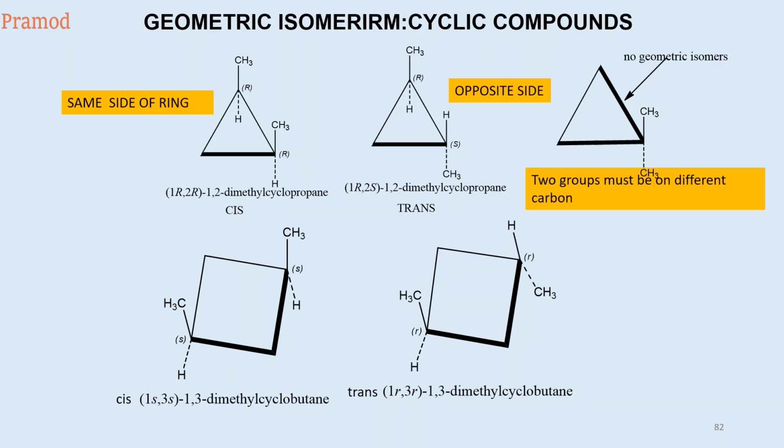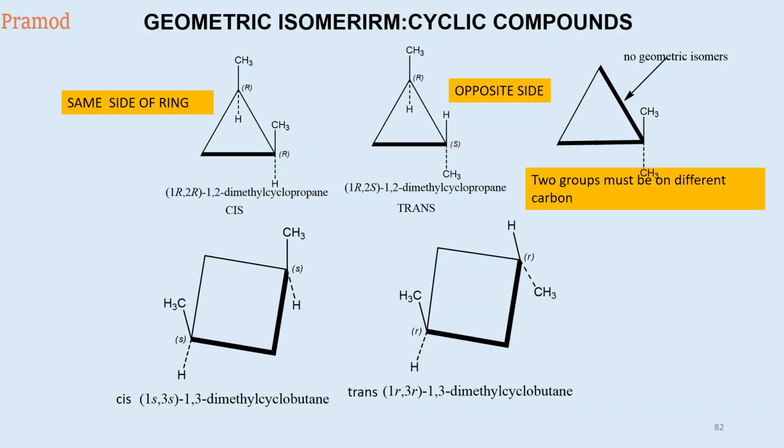The methyl groups are on the same side, on the top, above the plane, whereas in the case of trans, the groups are on the lower side. One is on the top and the other is on the bottom. That's why they are said to be geometric isomers.